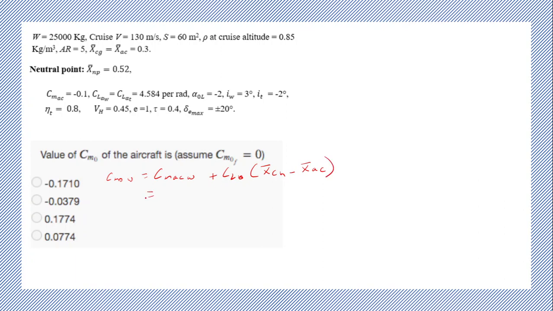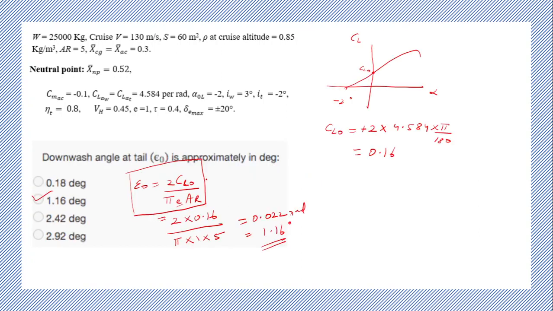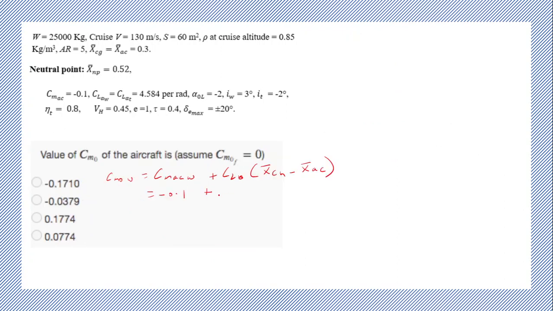So what is Cm ACW? Minus 0.1 plus CL naught was 0.16. But since your CG and AC are at the same point, AC of the wing, this will be 0. So it will just be minus 0.1.